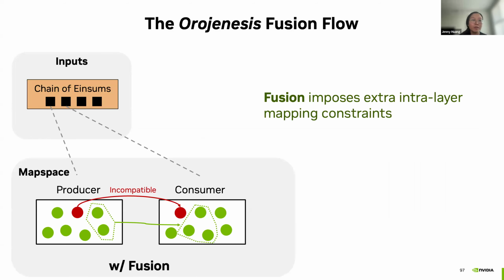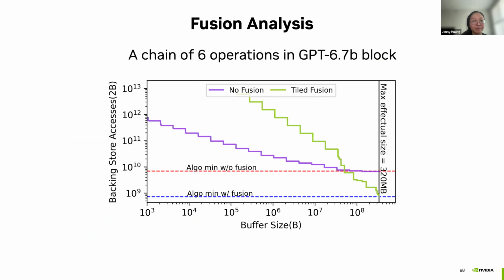However, in addition to interlayer data movement reduction, it also imposes extra interlayer mapping constraints, because some of the mappings in the producer layer might not lead to valid mappings in the consumer. Basically, the consumer is not able to consume certain outputs from certain producer mappings.